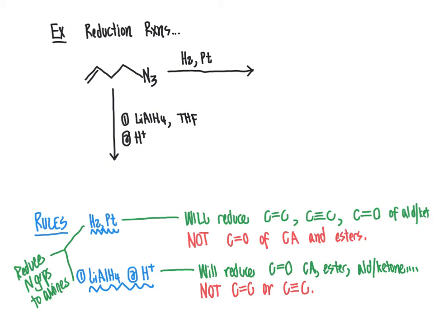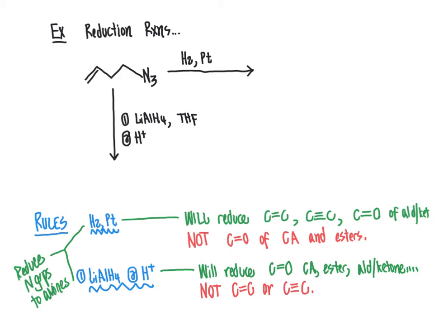So in our example here, as we start with our azide starting material and we treat it with hydrogen with a metal catalyst, we see down below in our rules and guidelines that hydrogen and a metal catalyst will reduce carbon-carbon double bonds. And so yes, we are going to reduce this alkene group here as well as the nitrogen. It's not possible to do the reduction reaction selectively and reduce just one or the other group. Instead, it's going to be an all or nothing thing generally. It's going to reduce both of those.